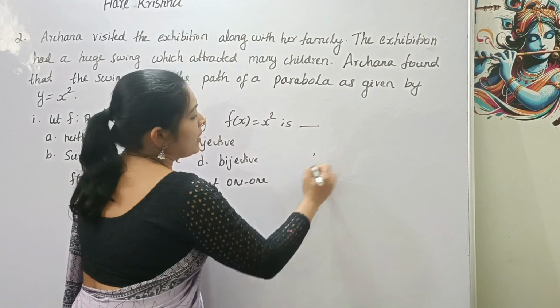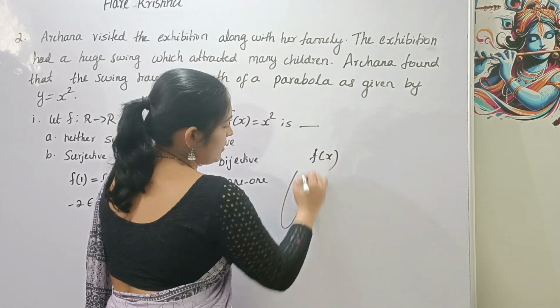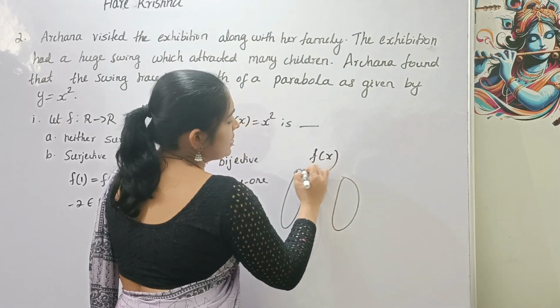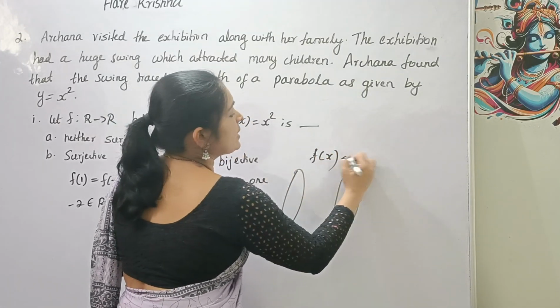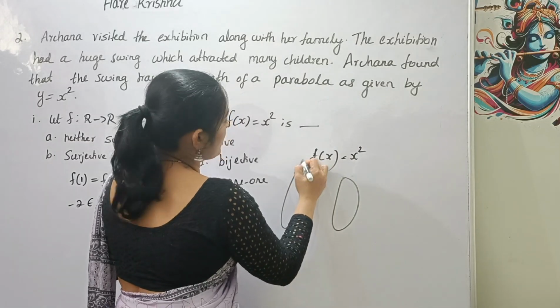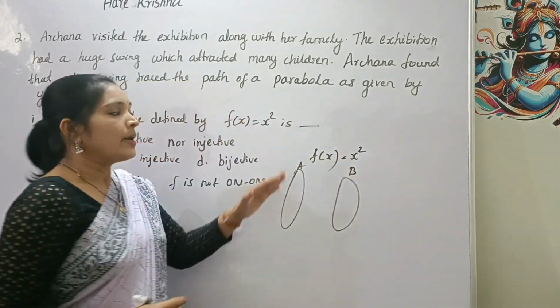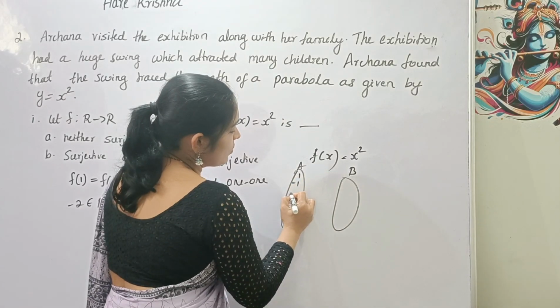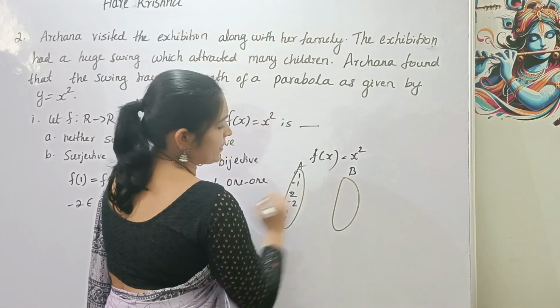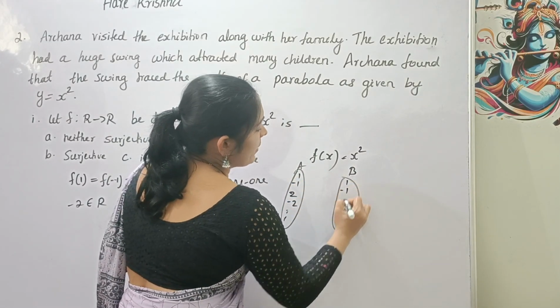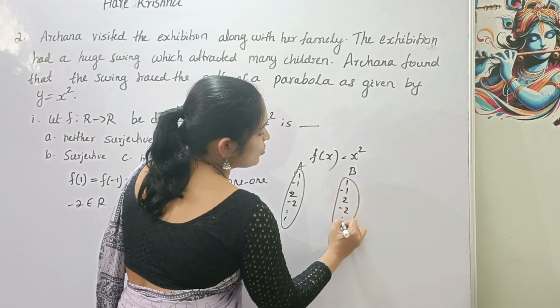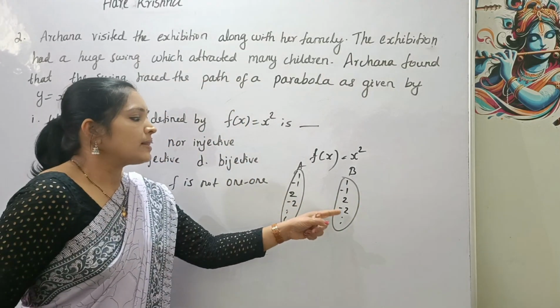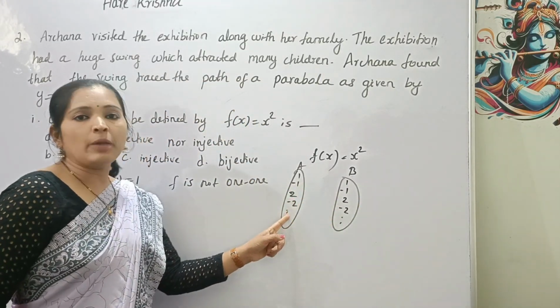Our function is nothing but x square. Suppose it is from A to B. Function is f of x equals x square: 1, minus 1, 2, minus 2, etc. See here, this minus 2, so what is the pre-image?